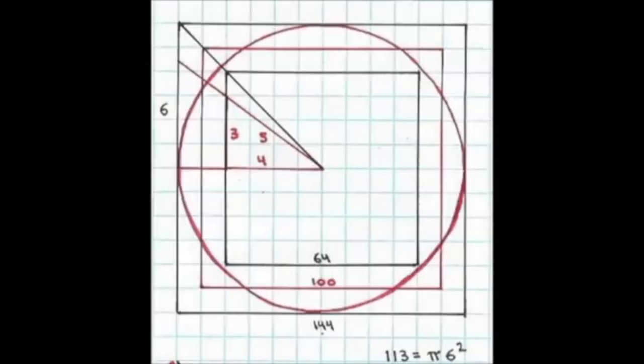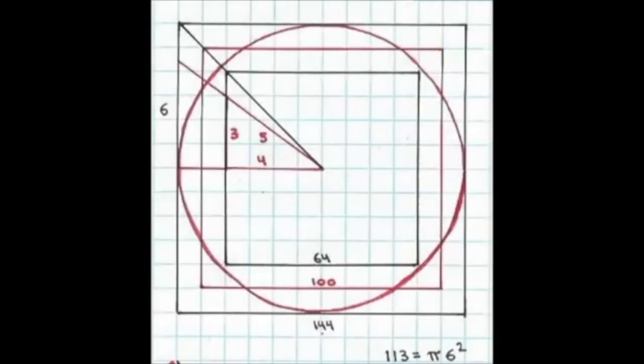Here we can see the 3, 4, 5 triangle rests entirely inside of 1/4 of an 8 by 8 equals 64 square that is inscribed by a circle with radius 6, which in turn is circumscribed by a 12 by 12 equals 144 total area square.